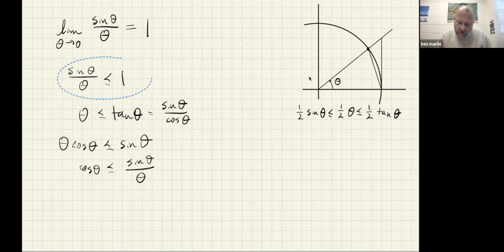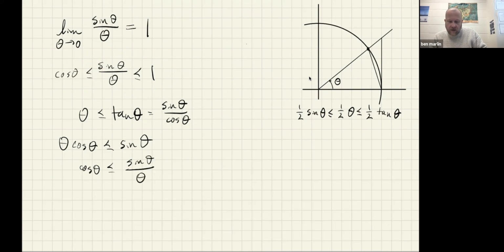So that would tell you that in this inequality here, that we can put the sine theta over theta to be greater than or equal to the cosine of theta, okay?